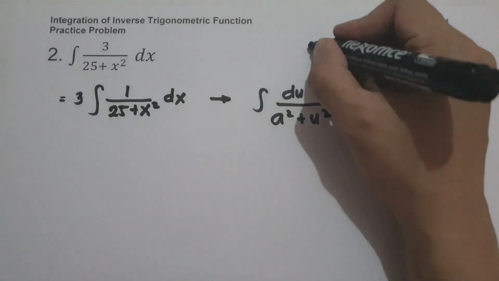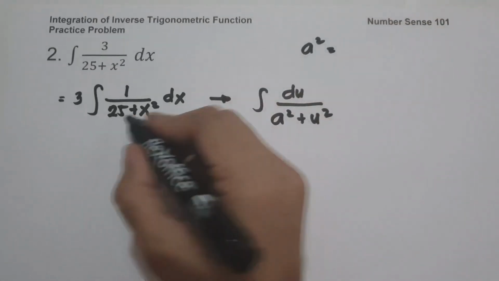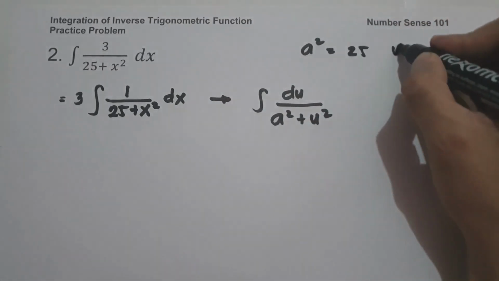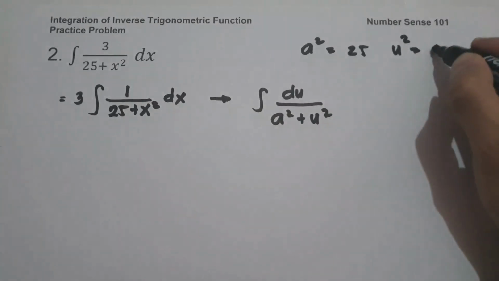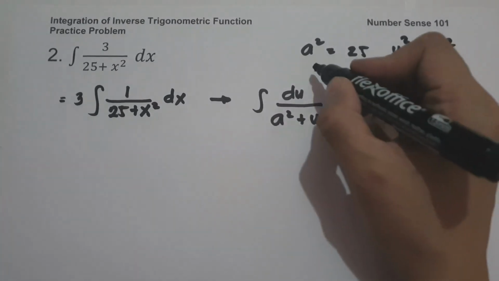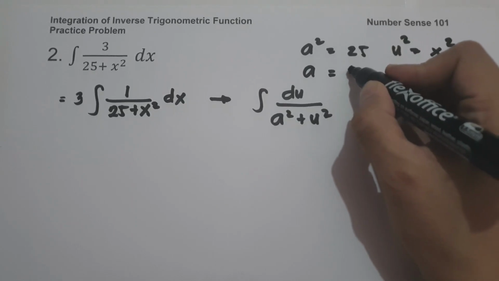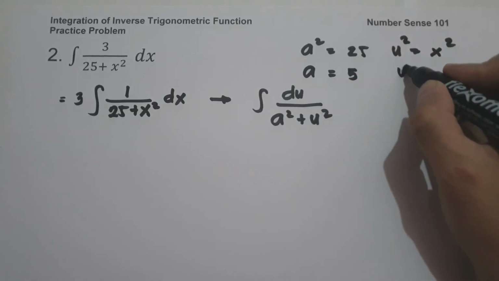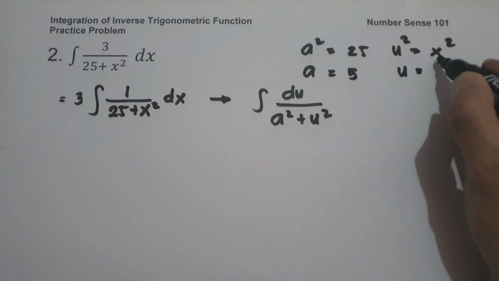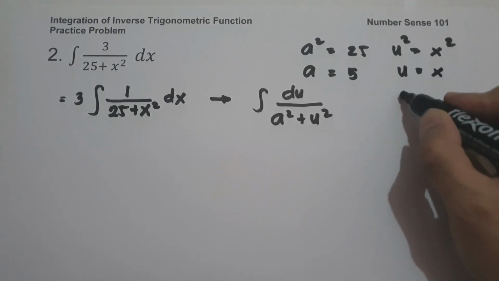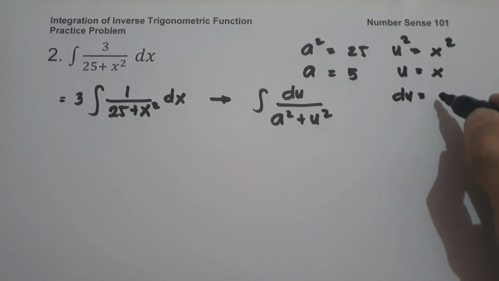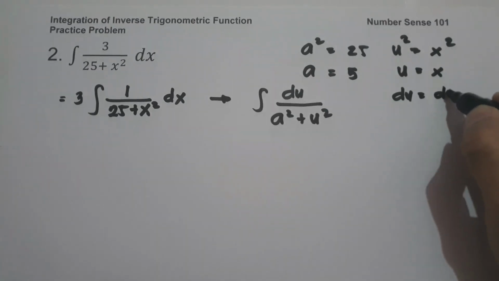So the value of a squared is 25, and u squared is x squared. The value of a is the square root of 25, that is 5. The value of u is the square root of x squared, that is x. And du is the derivative of x, that is 1 dx.